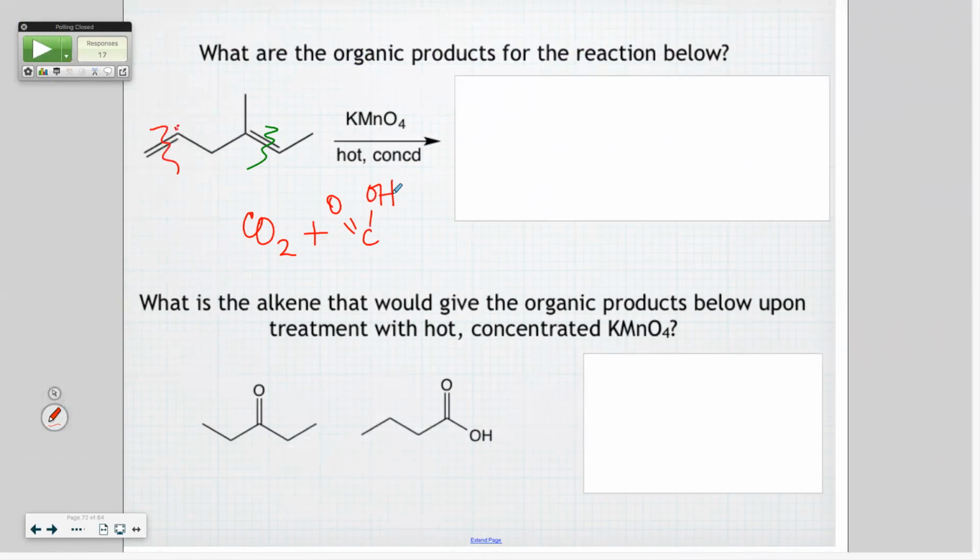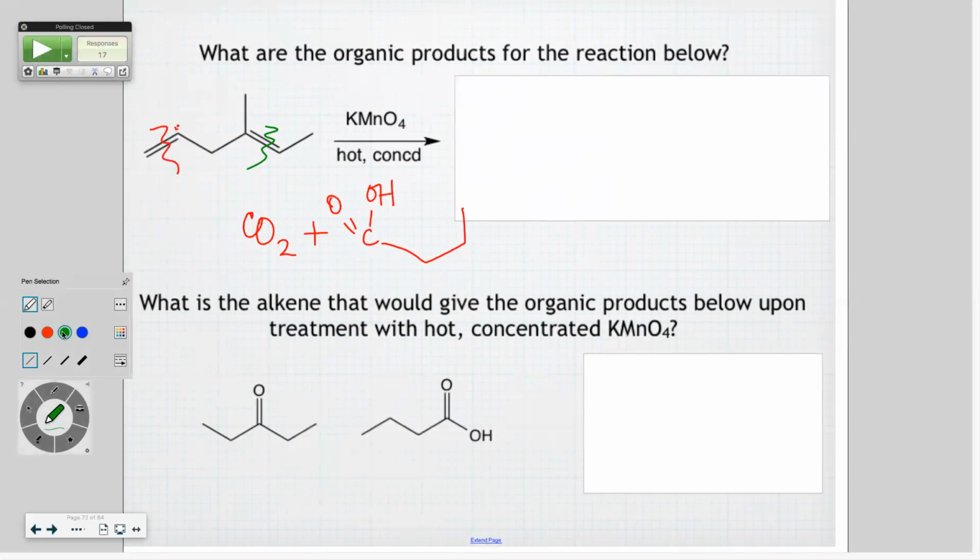And then I've got a CH2, and then I have another carbon. And what is this carbon up here going to give me? It has how many R groups on it? 2. It's disubstituted. So you get a ketone. That's the piece in the middle.